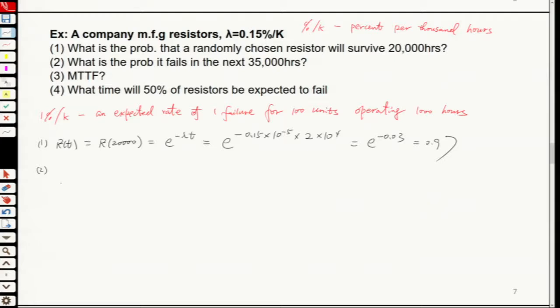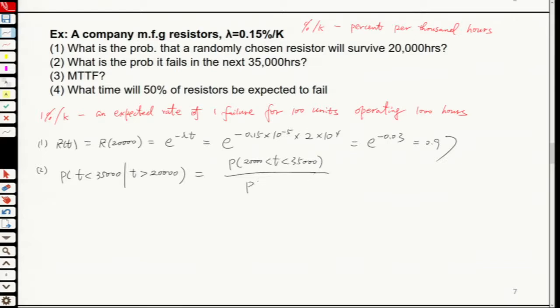Second, what's the probability it fails in the next 35,000 hours? This is memoryless, because you want to see the probability t is less than 35,000 given t has already been greater than 20,000. This equals the probability that t is between 20,000 and 35,000, divided by the probability t is greater than 20,000.